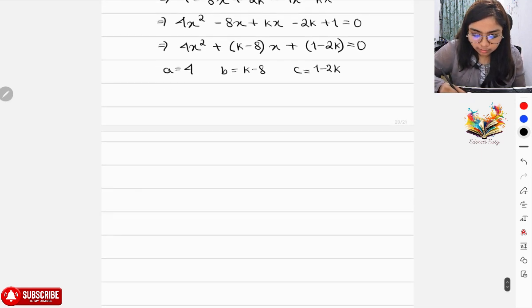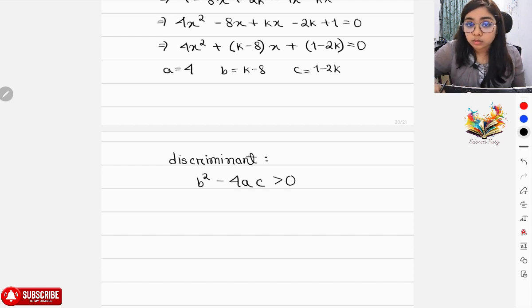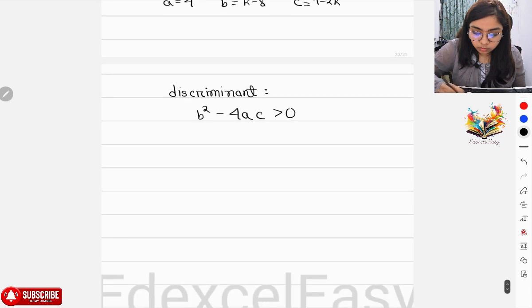Now I can use that concept, the discriminant. It was clearly stating that these two lines were intersecting at two distinct points. So the discriminant is b squared minus 4ac greater than 0. For two distinct points, the discriminant was greater than 0.